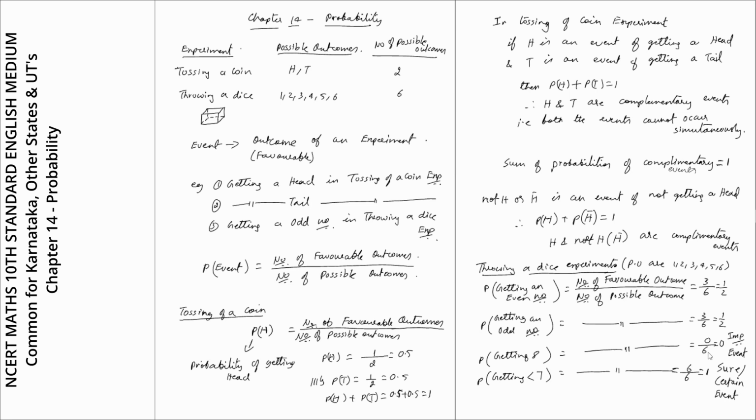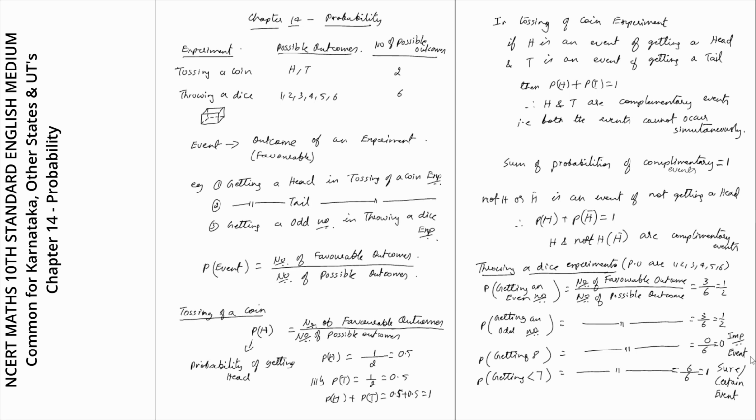You will never get 8. Therefore the number of favorable outcomes is 0. So 0 by 6 gives 0. Whenever the probability of an event is 0, we call that event an impossible event. So getting 8 in a dice throwing experiment is an impossible event.